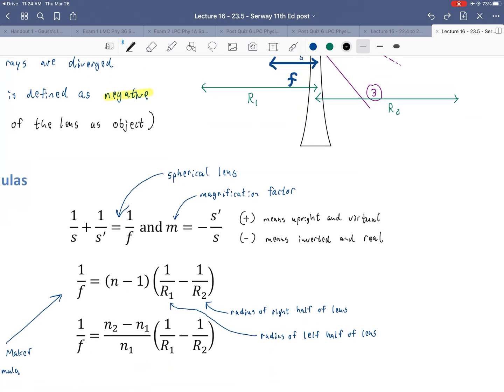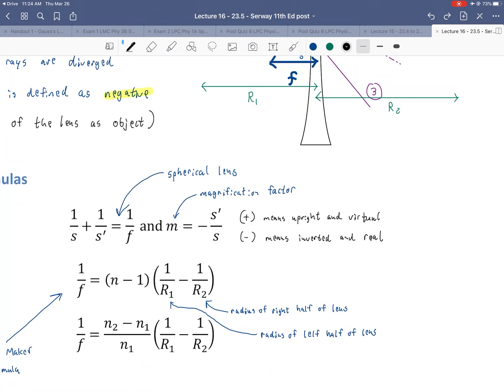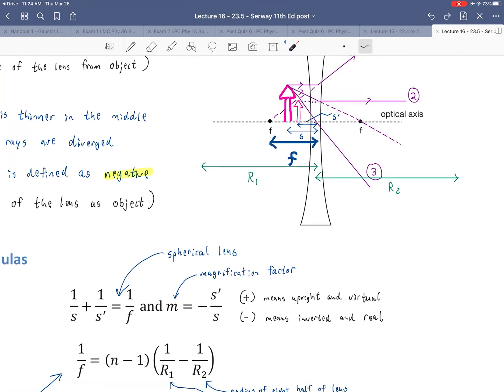If we look at that, then we'd have 1 over a negative value minus 1 over a positive value, which means this whole bit inside the parentheses would have a negative sign, which is great because when we actually solve for it, we're going to get a value of f that is negative, which we better because we have a lens that is thinner in the middle. And that's a diverging lens.